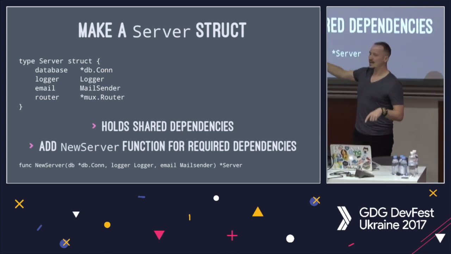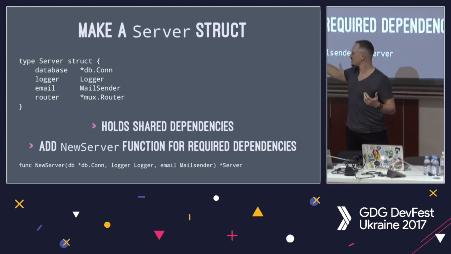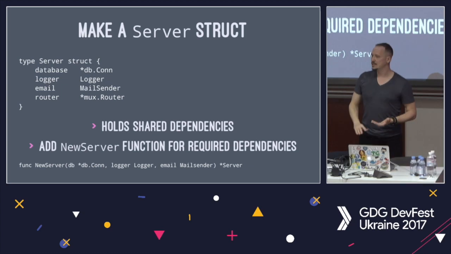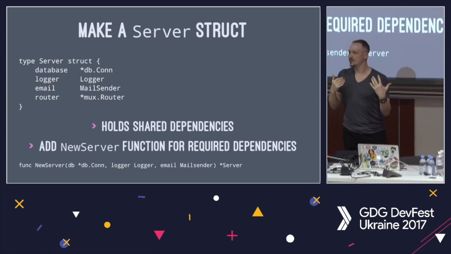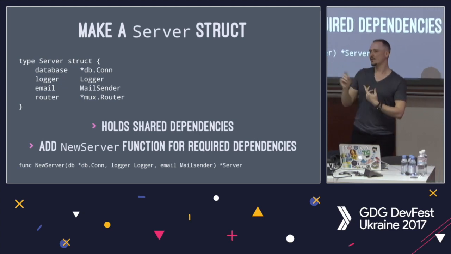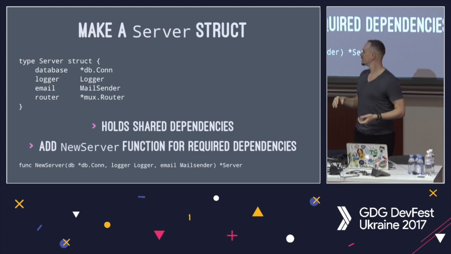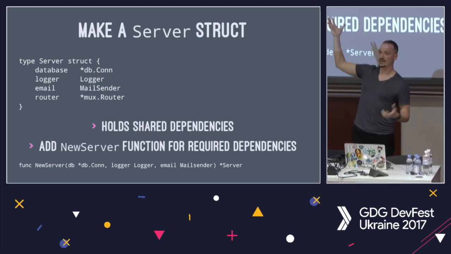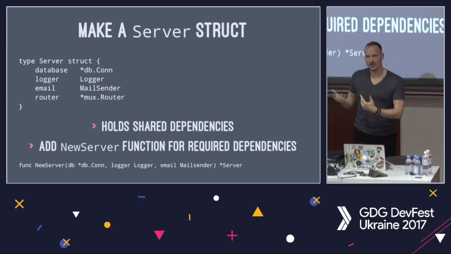And I try and avoid constructors, functions that just create things, because it can be hiding some magic in there, right? We don't know if the constructor is going to be kicking off Go routines. We don't really know what's being allocated. So I like to just expose the type, and then it's very clear when you use it.